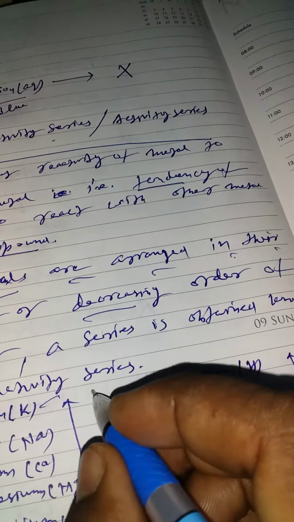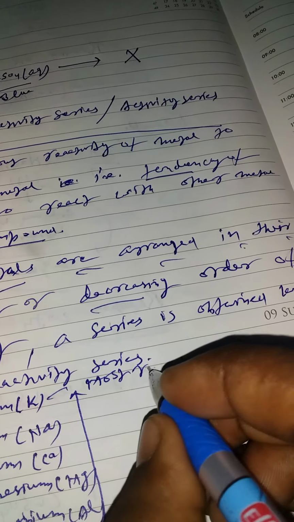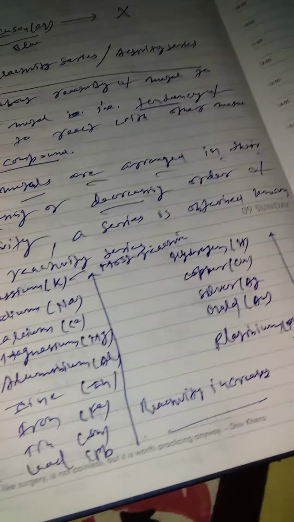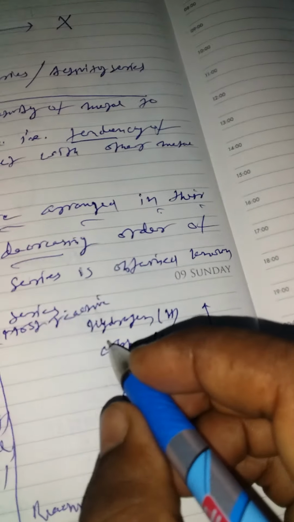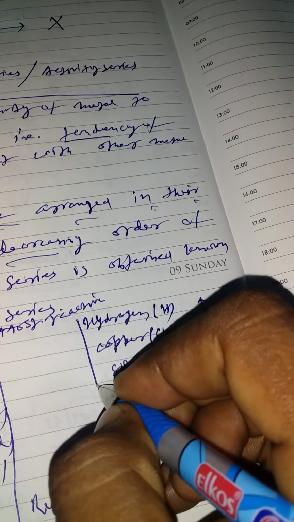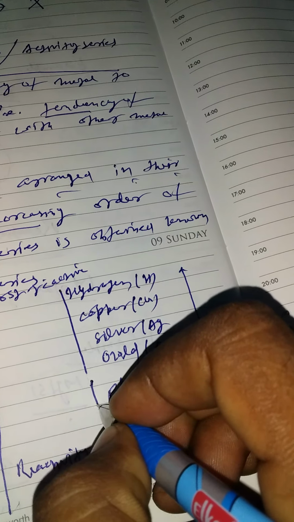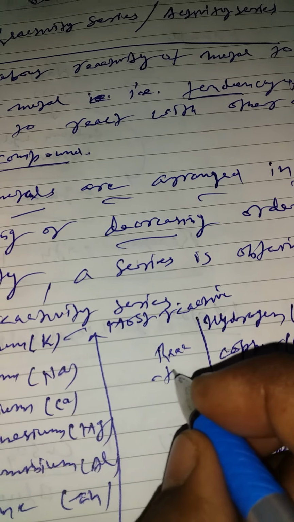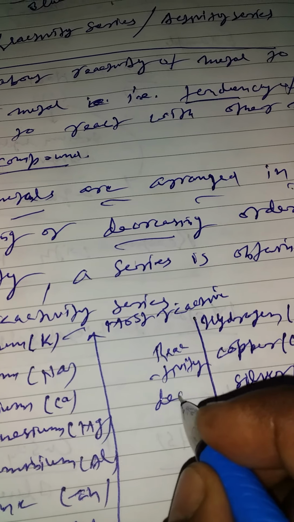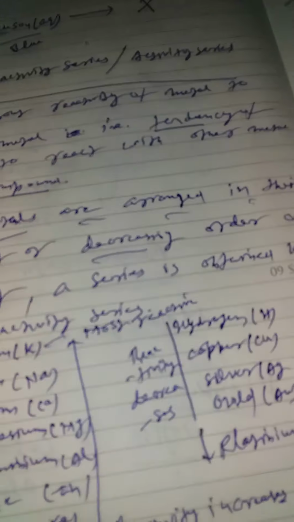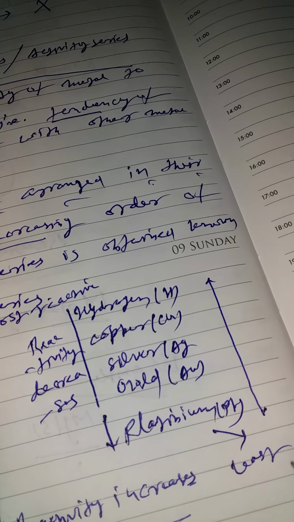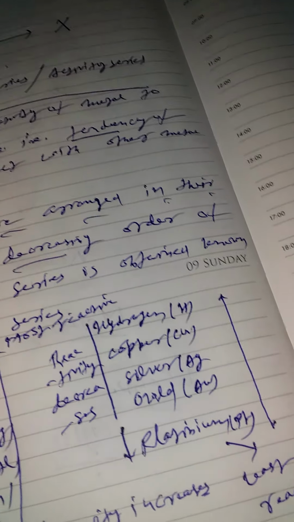Therefore, potassium is most reactive, and when we move from sodium to lead and lead to hydrogen and then platinum, reactivity decreases, and that's why platinum is least reactive.